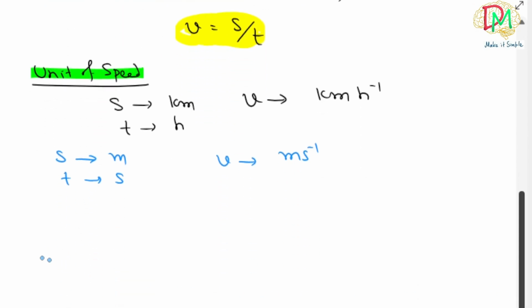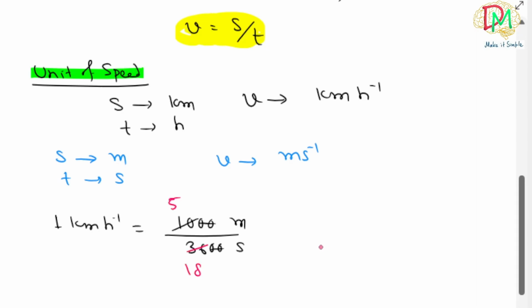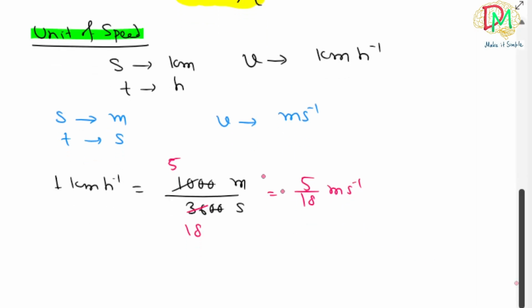Now we learn the shortcut of the conversion. 1 kilometer per hour is equal to 1000 meter by 3600 second, which is 5 by 18 meter per second. You must remember this. Directly you can do this: 1 kilometer per hour is equal to 5 by 18 meter per second.